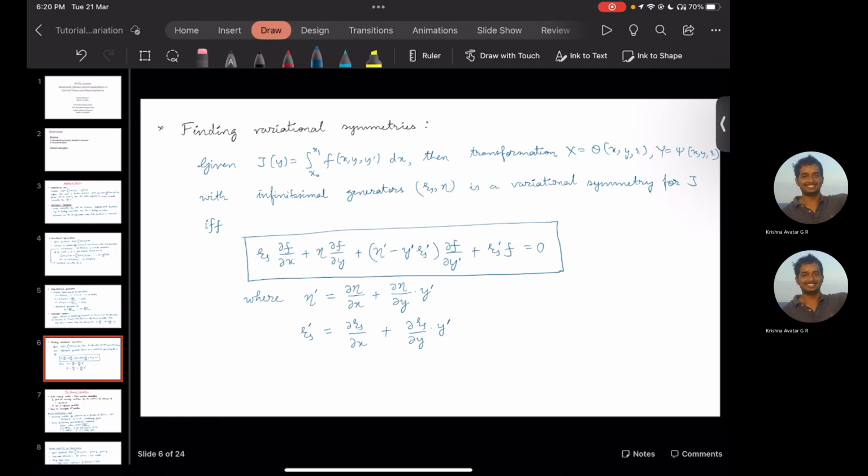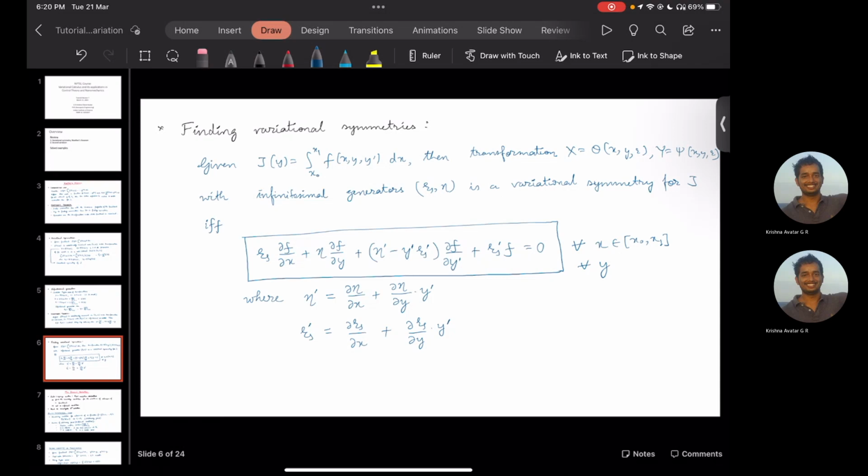And so what you see is, although there is just one equation, this has to hold for all x in the interval x naught to x1. It has to hold at every point, and for all y, for all functions y.